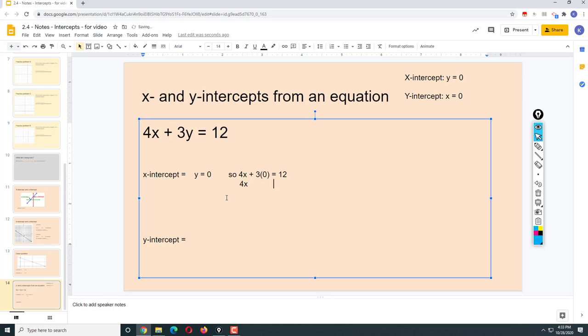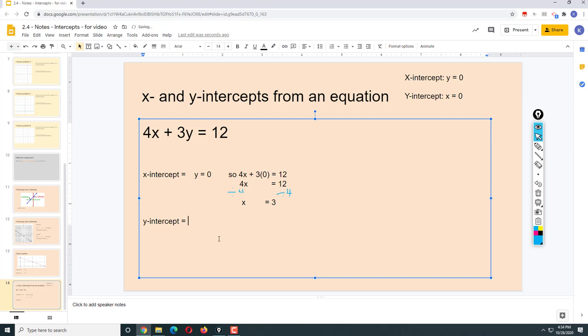You just have 4x equals 12. Divide both sides by 4. And we get x equals 3. So the x-intercept is 3 for this one. And we know this works because 4 times 3 is 12.